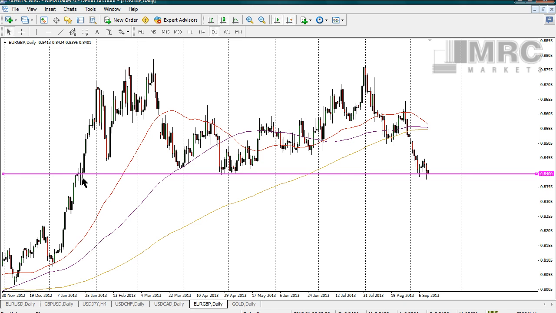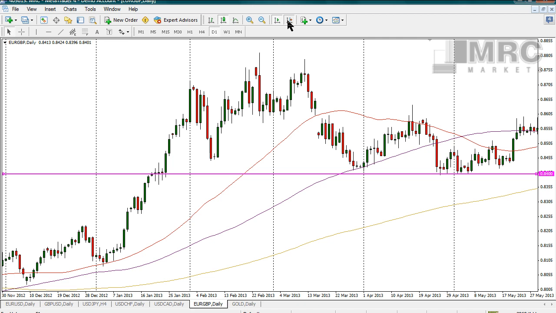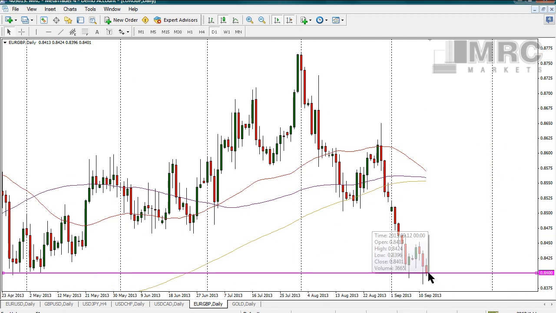We had some lovely action around here to the left, around here to the middle as well, and we're now testing this level. So yesterday's daily candle spiked below, closed above, and this one here spiked below, closed above. Nice hammer, a couple of daily bullish candles there. So we'll not be surprised to see it hold, but it is testing it.